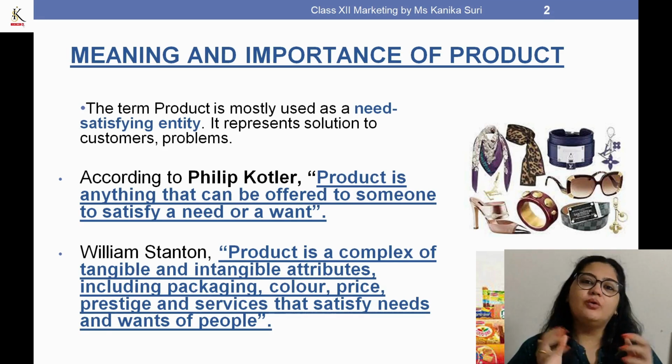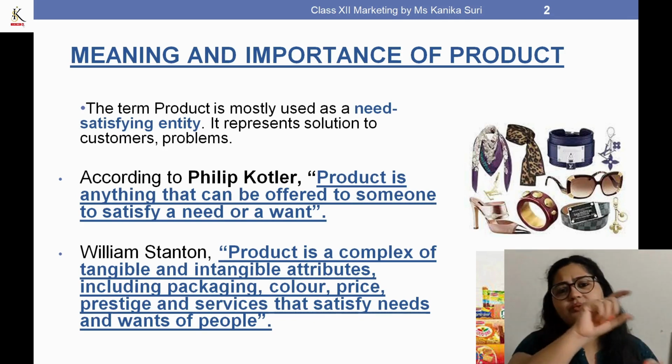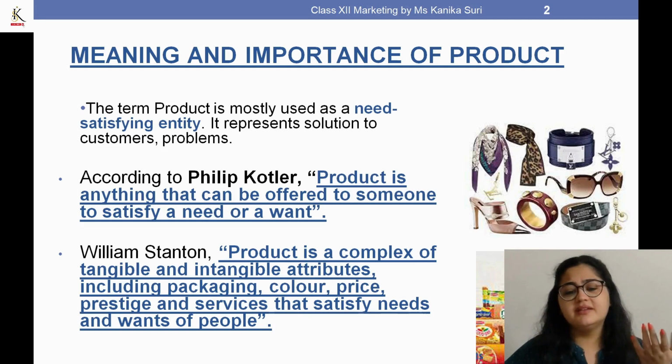It is always advisable that whenever you start with your answer, you start with a quote and then you start your answer. So in this case, this is a very easy quote, that product is anything that can be offered to someone to satisfy a need or a want, given by Philip Kotler.